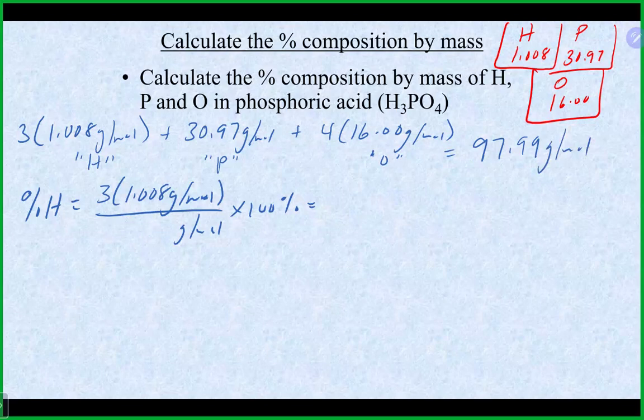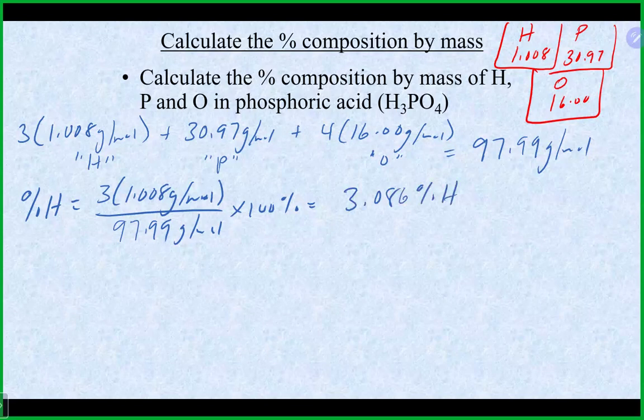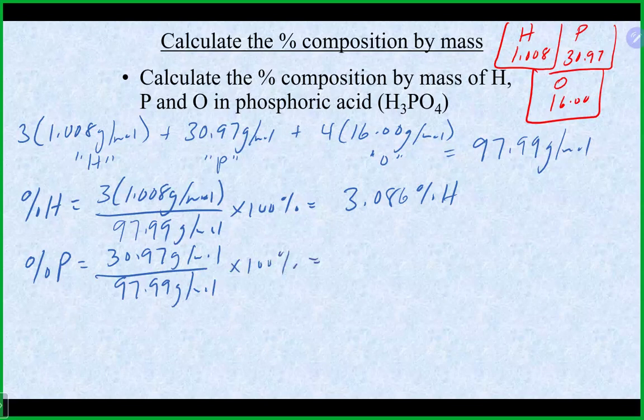All right, let's do that over here. 3 times 1.008 divided by 97.99 times 100 gives about 3.086% hydrogen. Now our percent phosphorus, which is 30.97 grams per mole over 97.99 times 100%, gets us about 31.61% phosphorus.